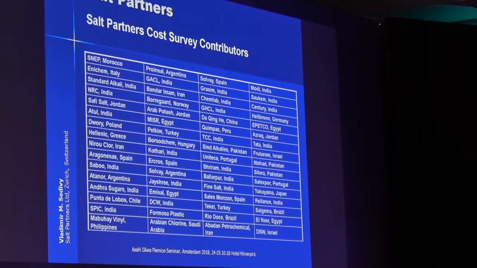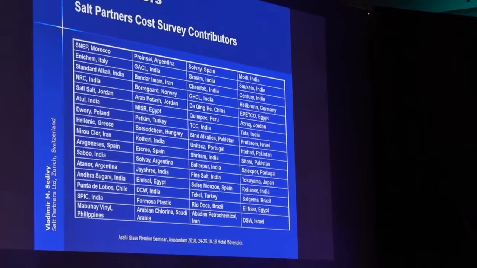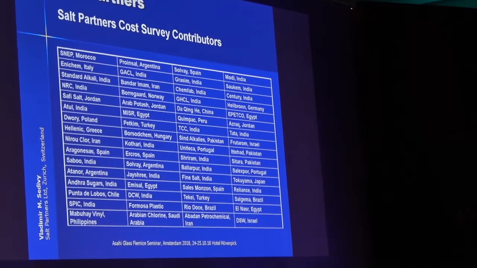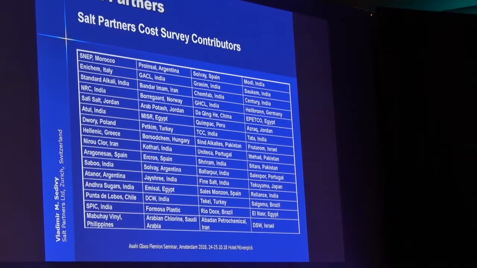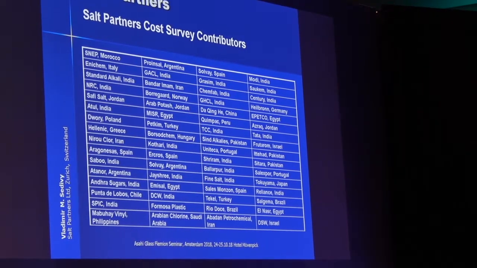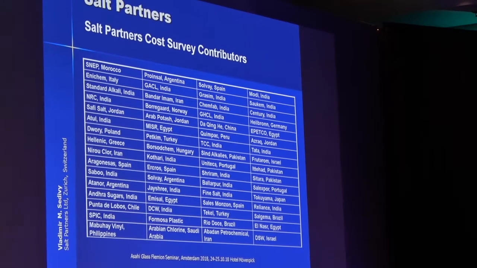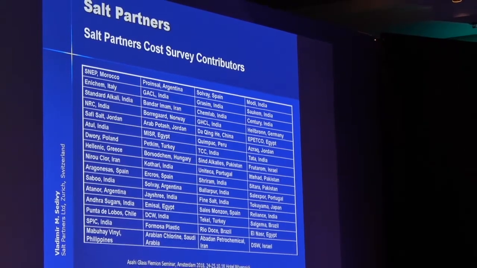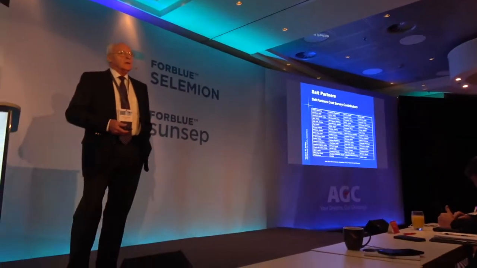We have examined economy of use of various salts, vacuum salts, sea salt, rock salt, and so on, in various brine purification processes, and these are the companies that we have either been advising or we have supplied equipment.